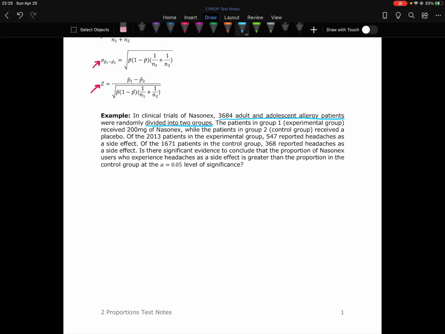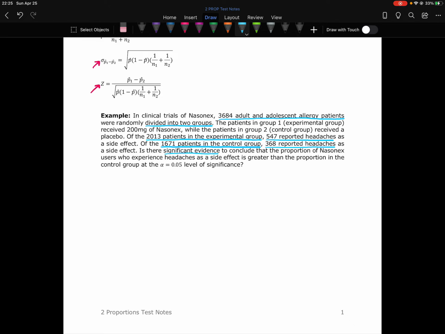We have some background information about what the two groups were. There were 2,013 patients in the experimental group, and 547 reported headaches. 1,671 were in the control group, and 368 reported headaches. Is there significant evidence?